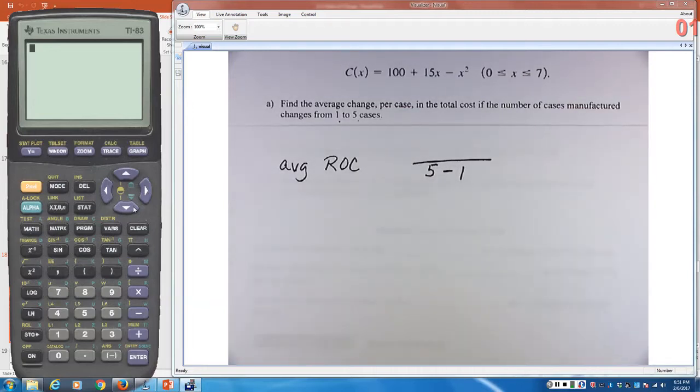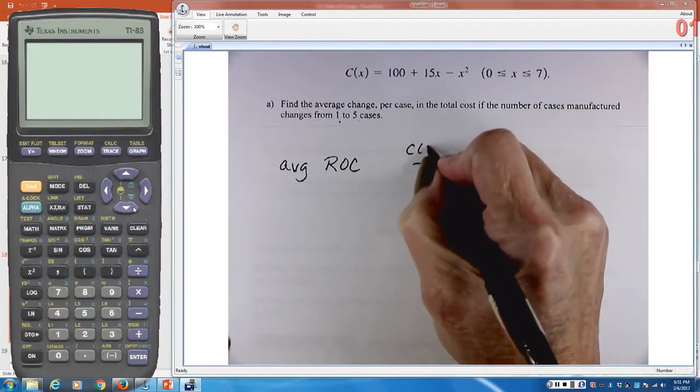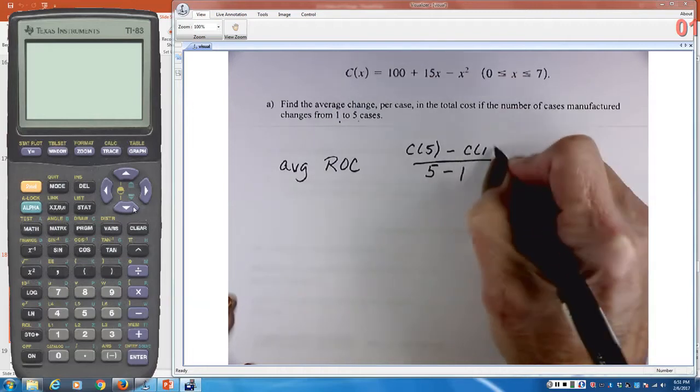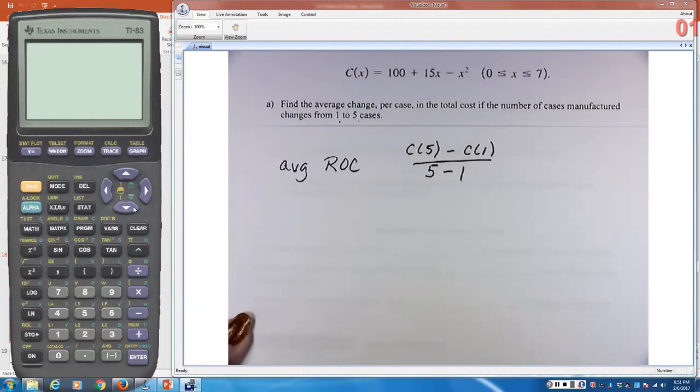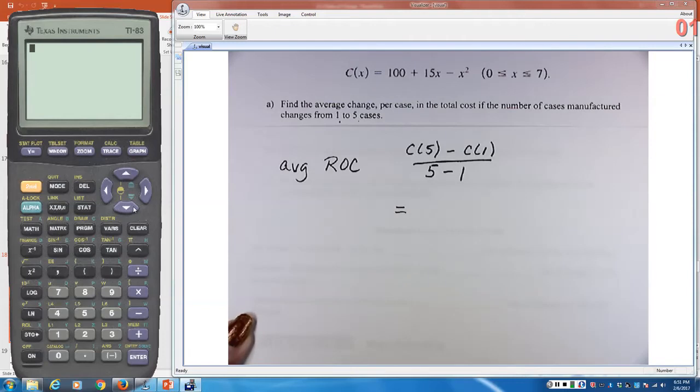And the cost for 5 cases will be the first cost, and the cost for 1 case will be the other cost. So if we have 5 cases, that's 100 plus 15 times 5.